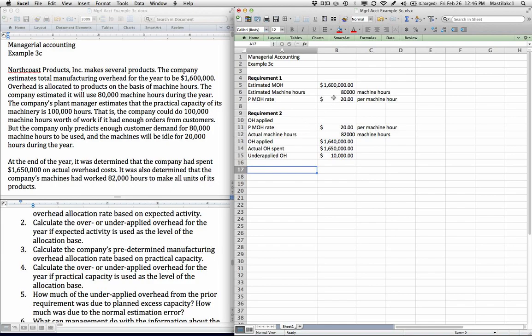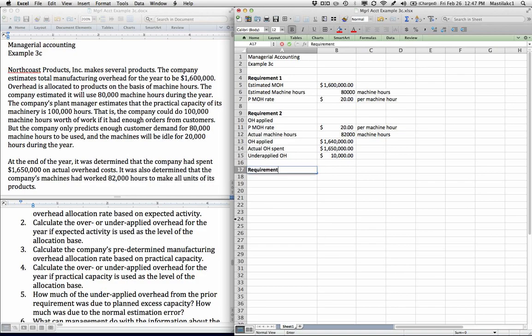So this is what happens if we use the estimated machine hours that we're actually going to use during the year as our allocation base. We end up being pretty close. The overhead we apply and the overhead we spent ends up being pretty close. There's no adjustment here for the fact that the $1.6 million really buys us an additional 20,000 hours worth of potential work that we know we're not going to use during the period.